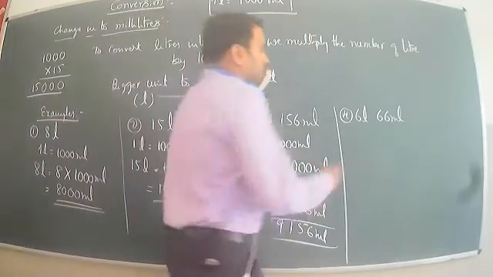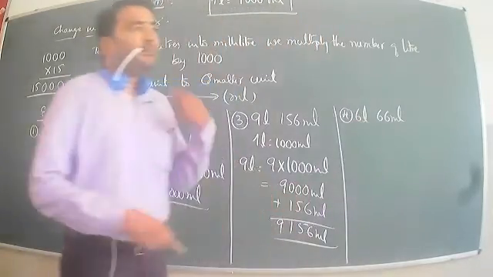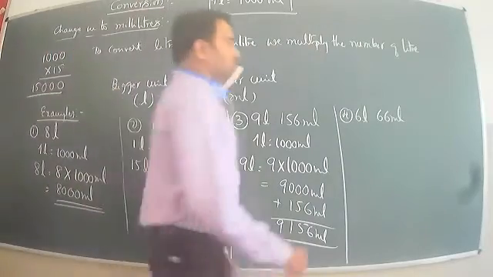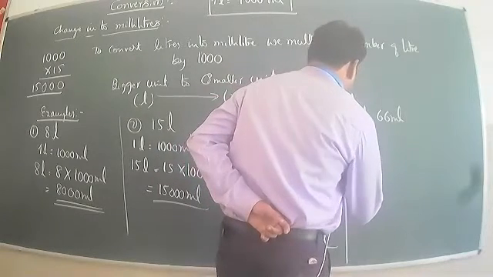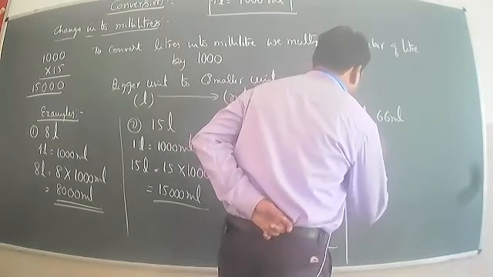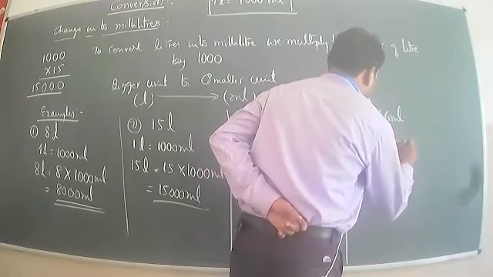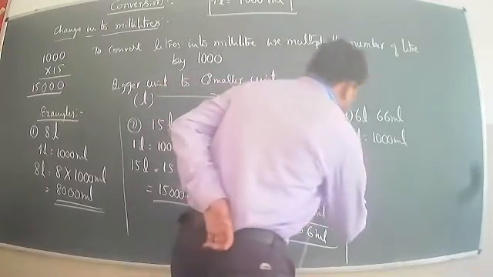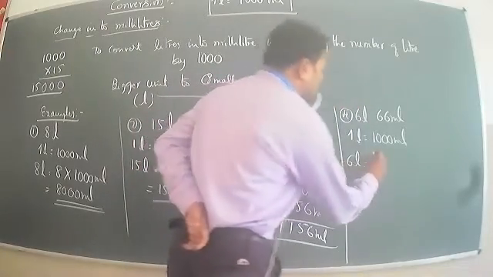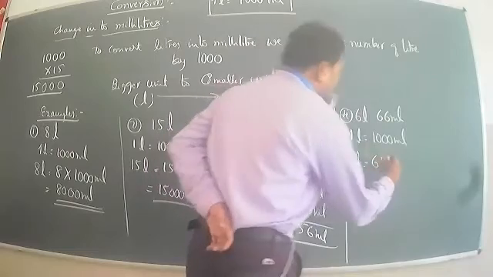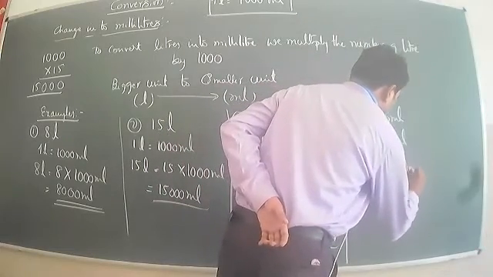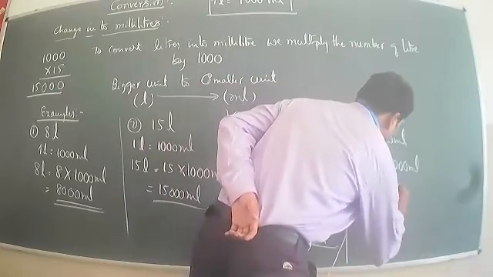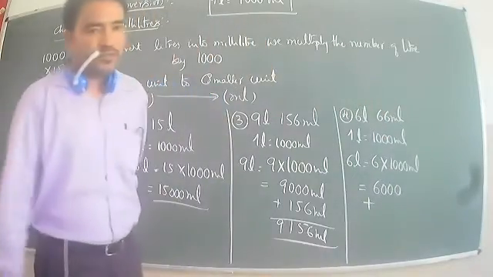First, convert the 6 liter to milliliter, then add the 66 milliliter. 1 liter equals 1000 milliliter, so the number of liters is 6, and we multiply: 6 into 1000 is 6000 milliliter.